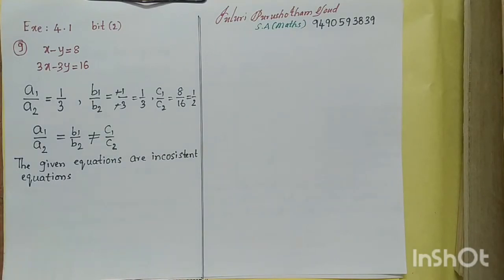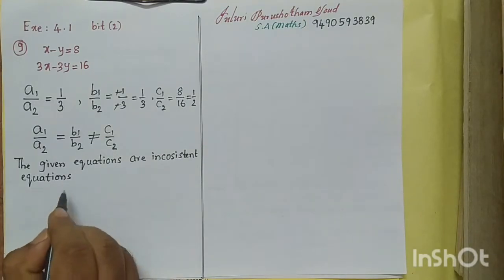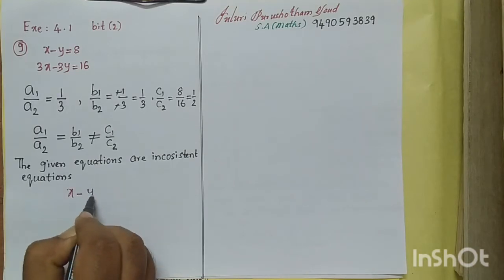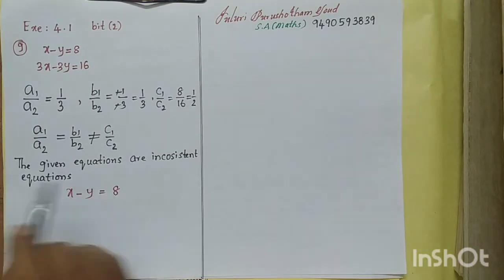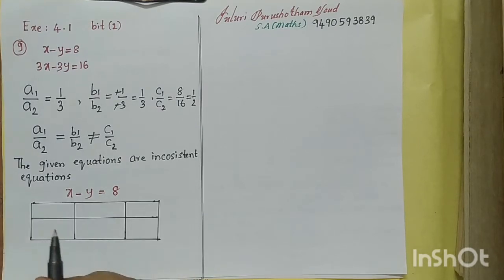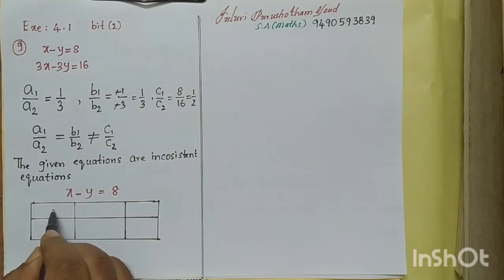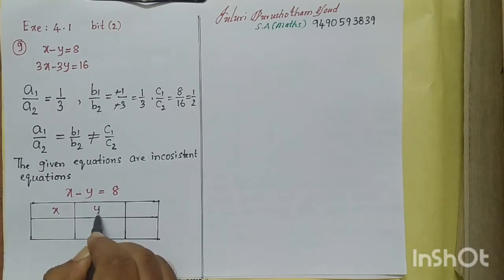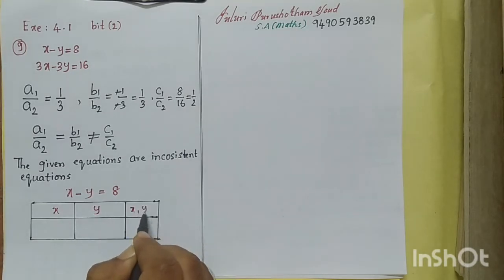First I am taking x minus y is equal to 8. Here I am taking x is equal to 0. This is x, this is y value and this is x comma y.